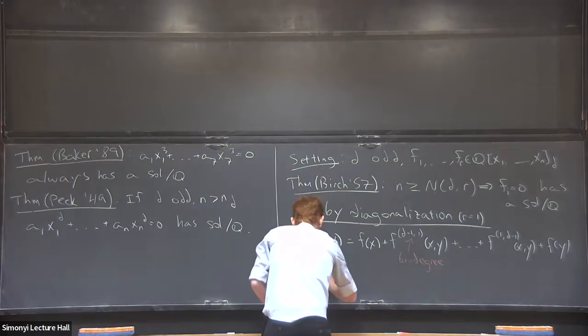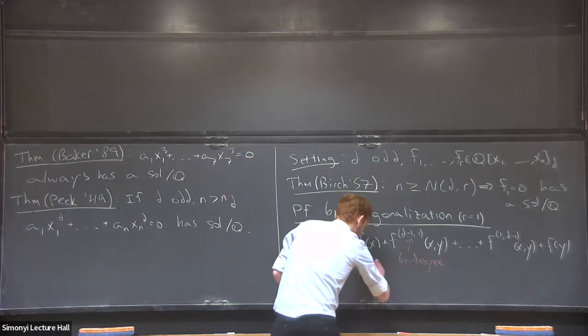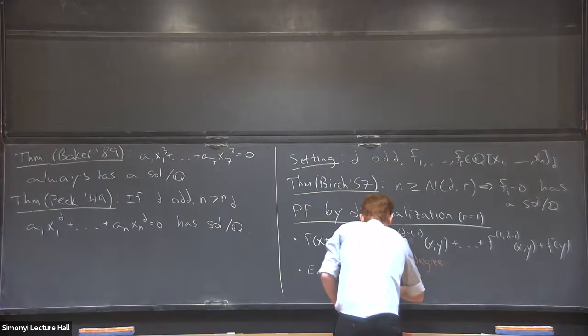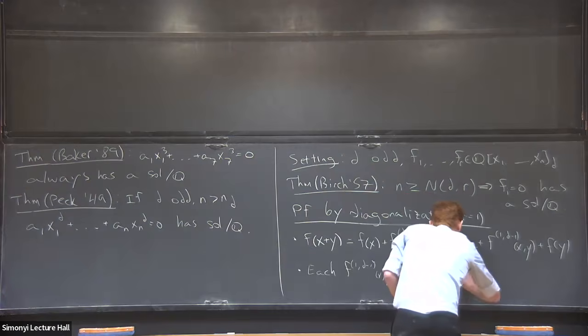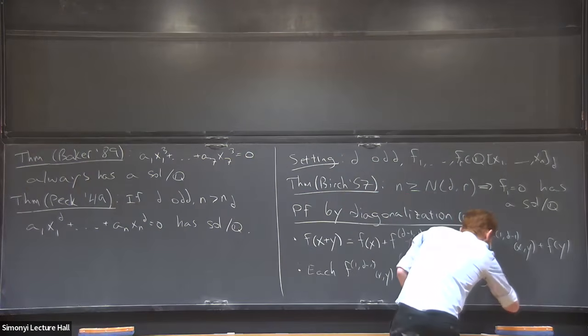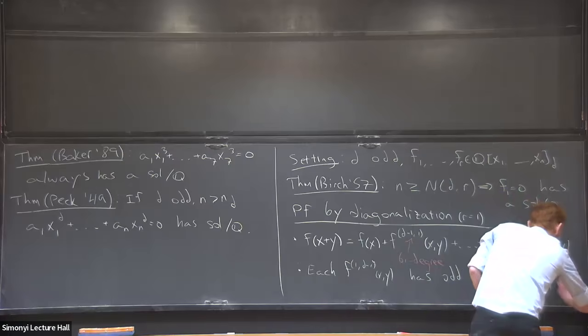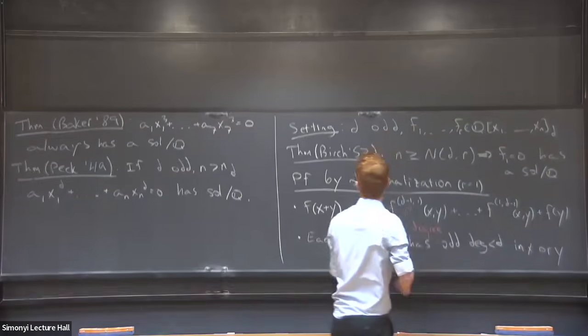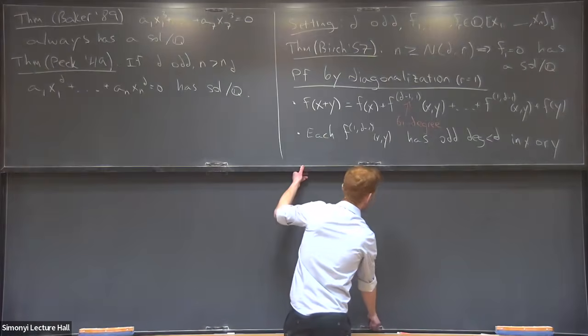So each f_i of bidegree i, d minus i has odd degree less than d in either x or y. Okay.